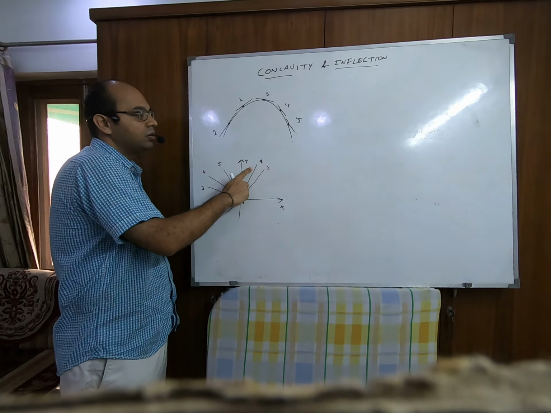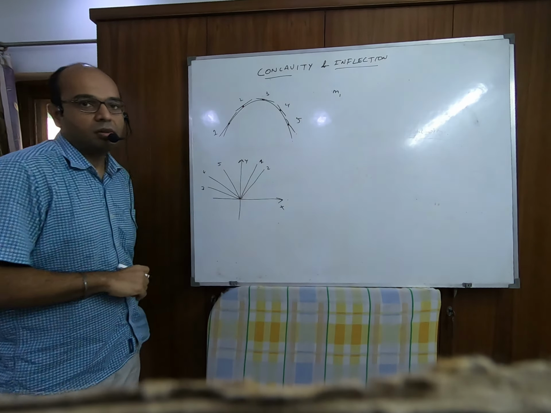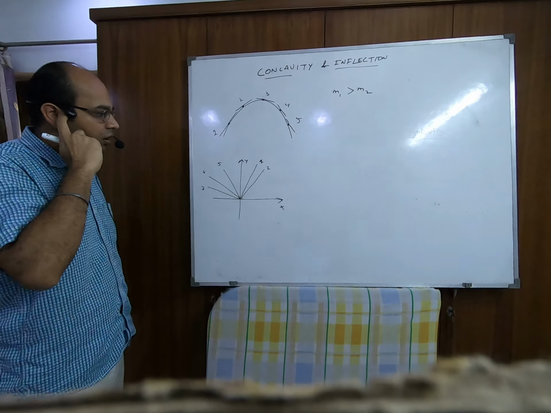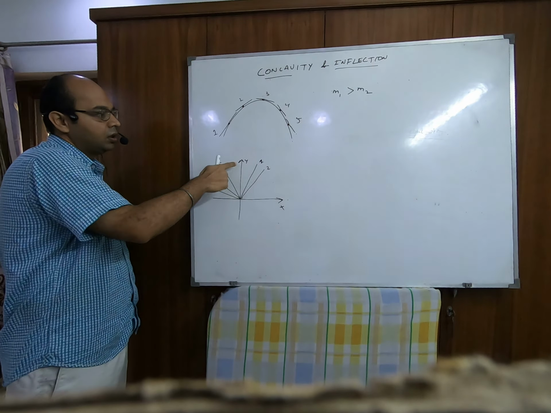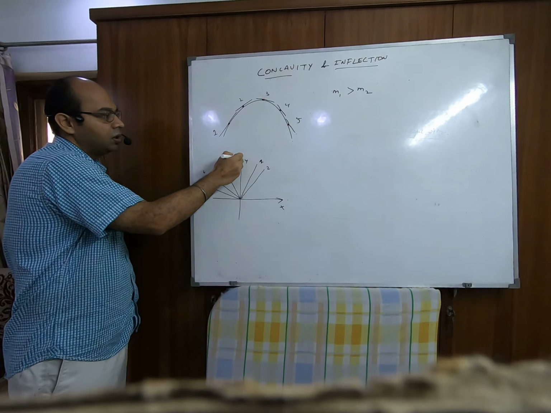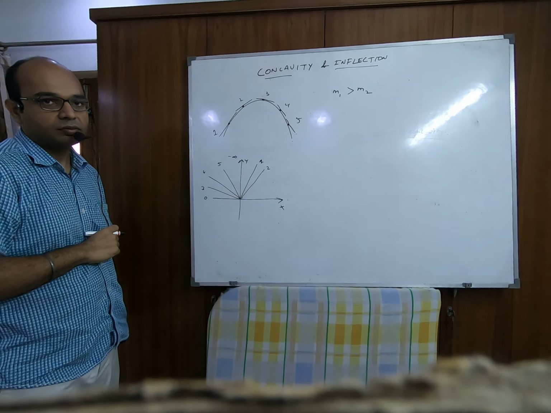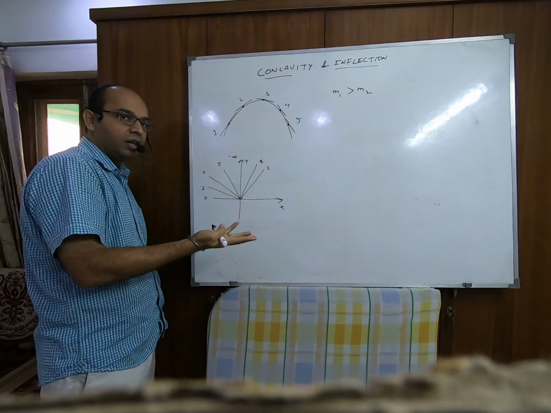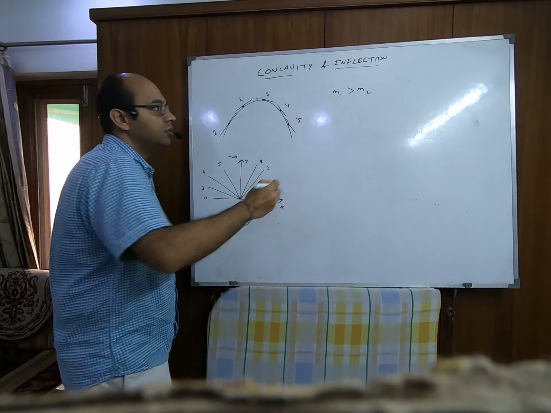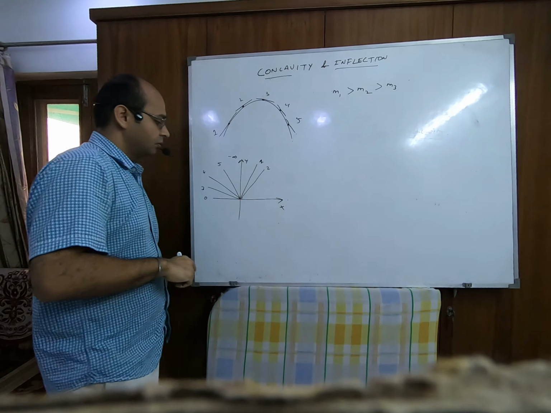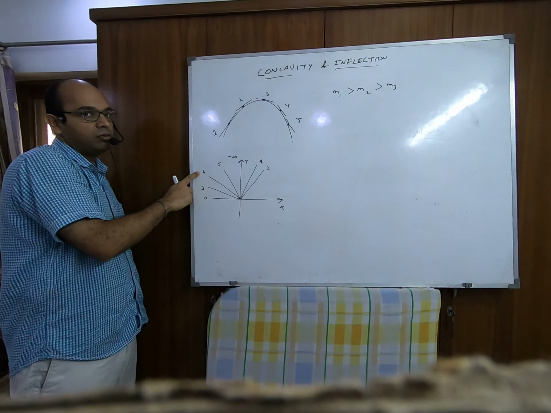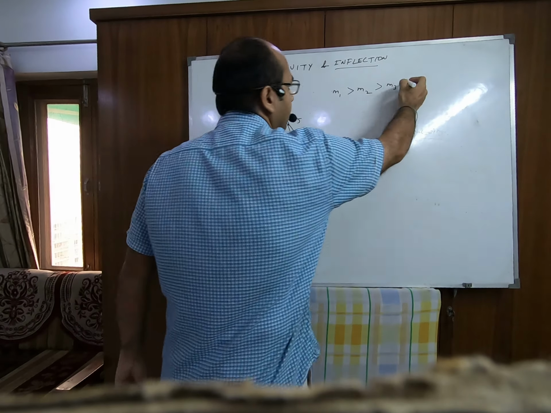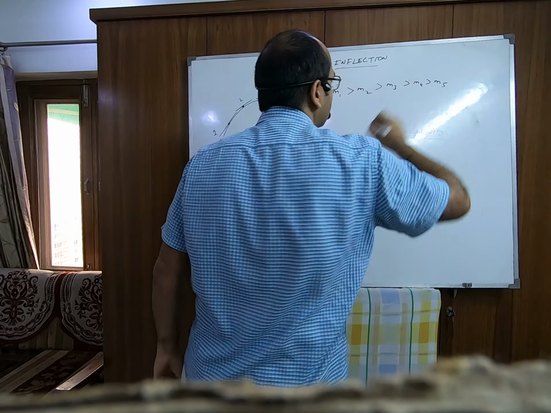If I consider M1 will be maximum, then next will be M2. Coming into the second quadrant, I know tan theta is minus infinity here and 0 here. This means which is the next in this order? Obviously M3, because M4 will be negative but with a greater magnitude, so it will be less than M3, and so on.